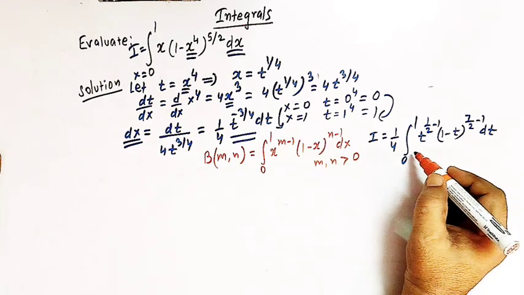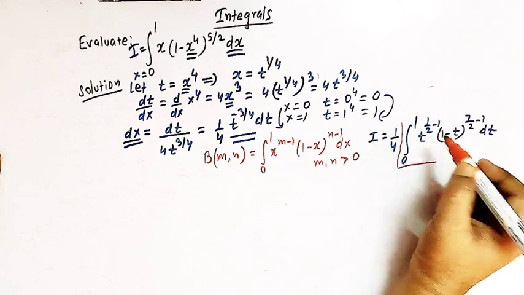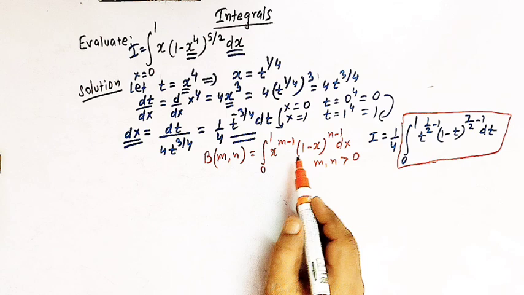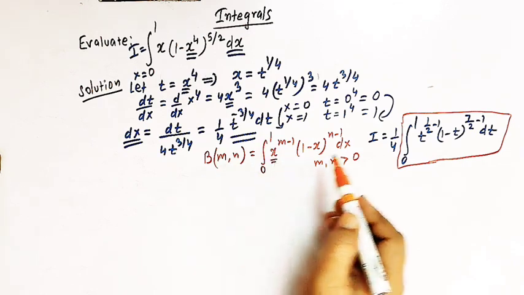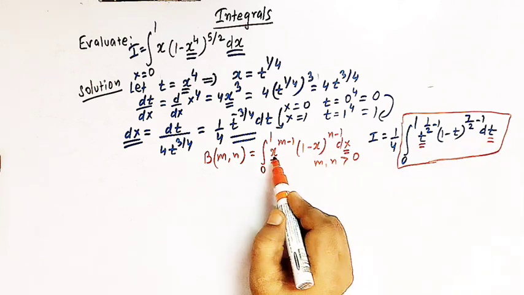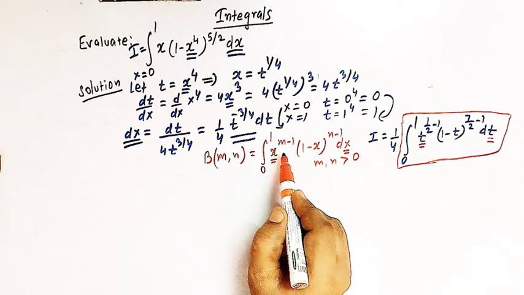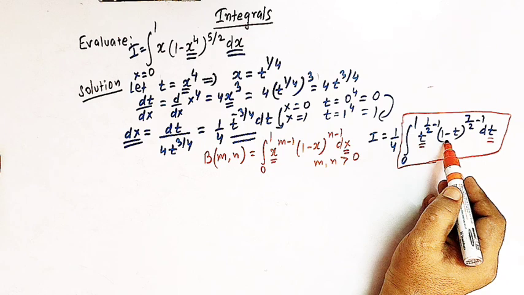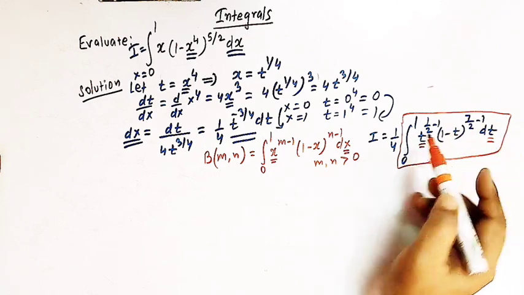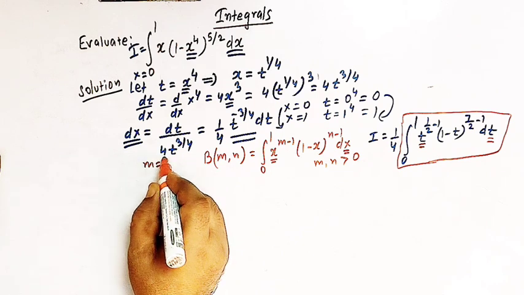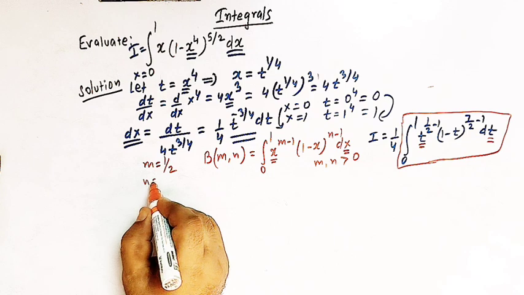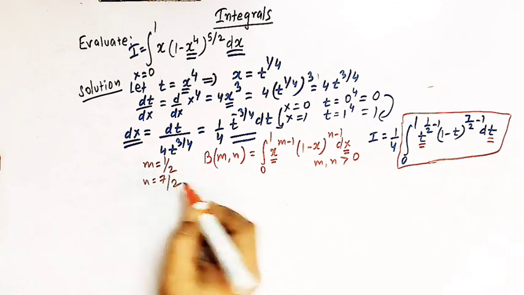So now we can see that this integral is similar to this one. Here we are taking the variable x, and here the variable is t. Now if we compare this integral with this one, then this is a beta integral, and the value of m is equal to half, and the value of n is equal to 7 over 2.